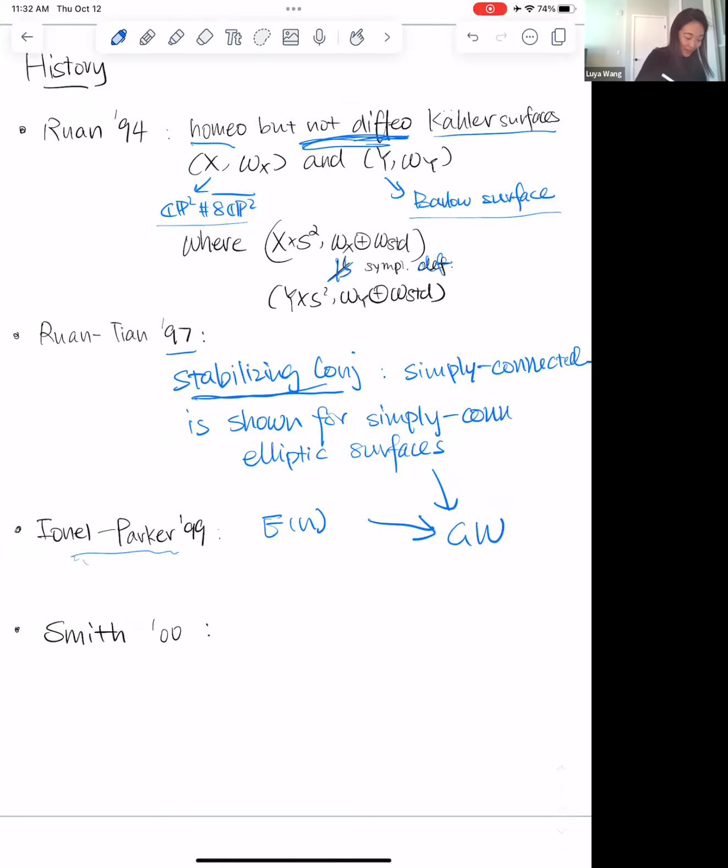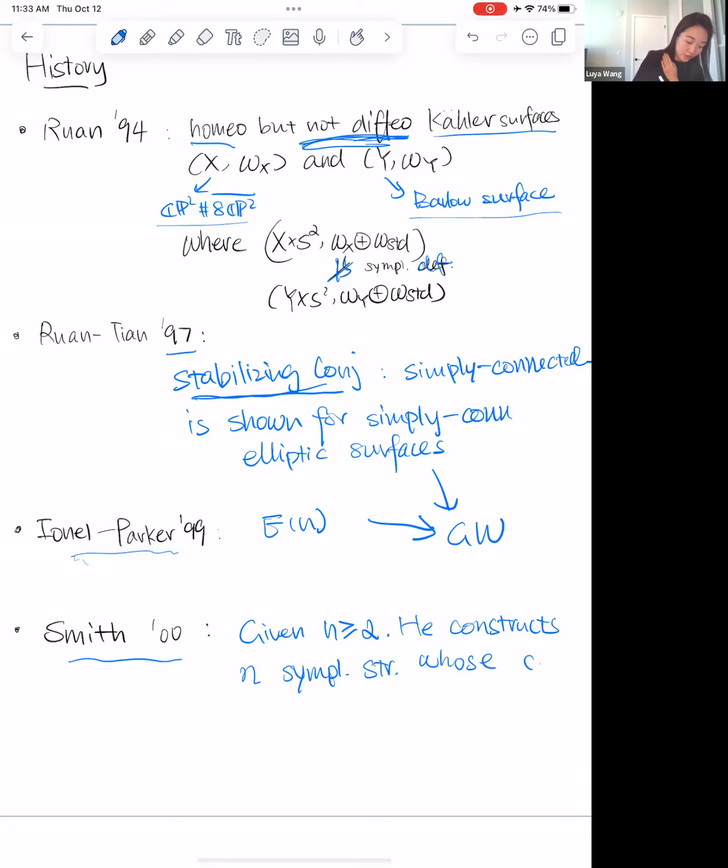Okay, and then maybe in a different direction, Ivan Smith showed that given any integer n greater than or equal to 2, he constructs n symplectic structures whose first Chern classes have different divisibilities.